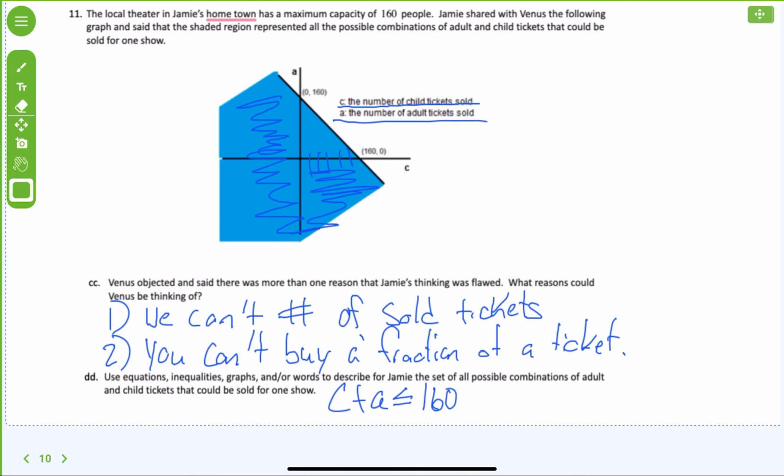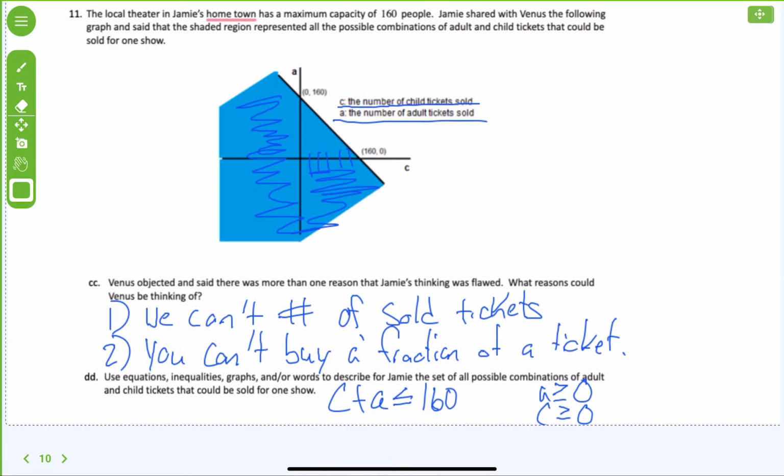And what would A have to be? A would be greater than or equal to 0. C would be greater than or equal to 0. Could you sell 160 adult tickets? Sure. How many children's tickets would be available then? 0.